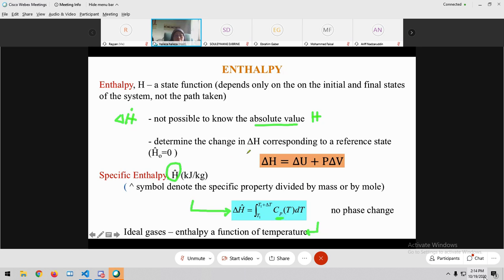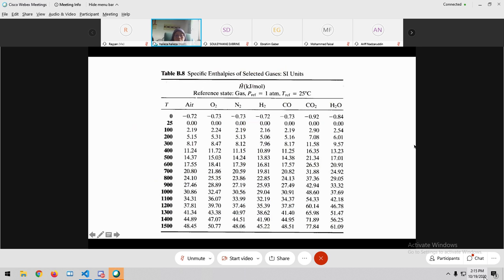Okay, so now let's go back to one example inside your textbook. Specific enthalpy. This is from appendix B8. I'm not sure whether your textbook is the same as B8, because some of my notes are from the earlier version, which is the third version.